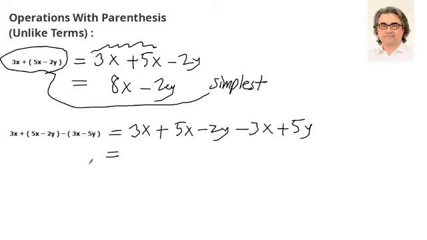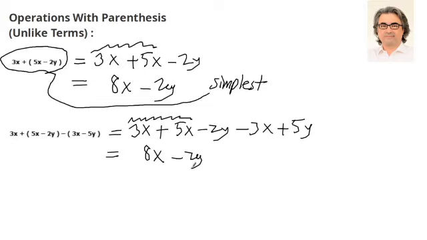And we have here like and unlike terms. I may make summation and subtraction operations between like terms. So 3x plus 5x is 8 times x.